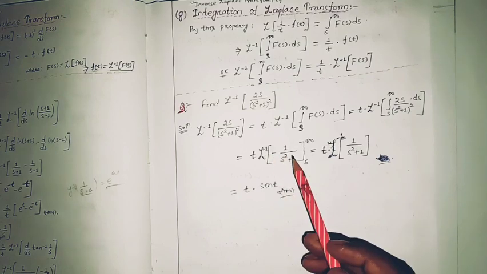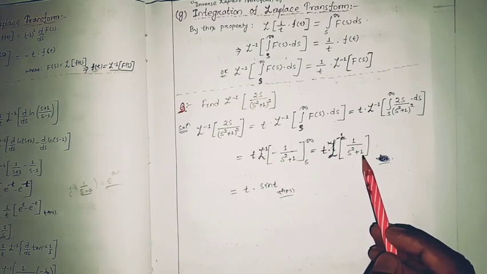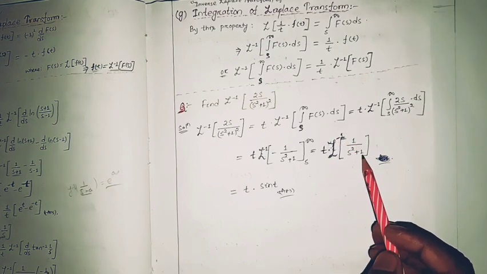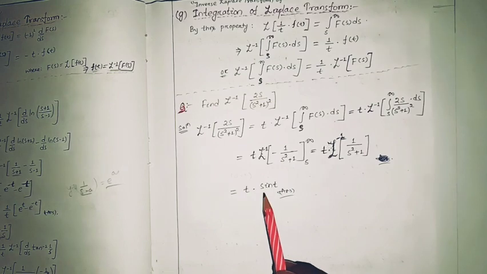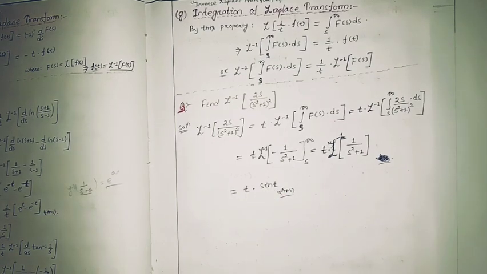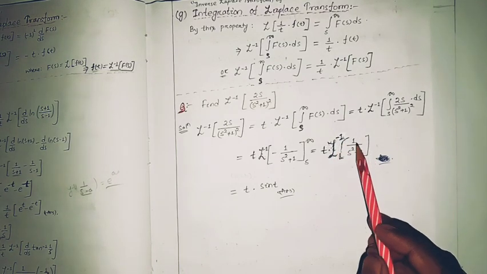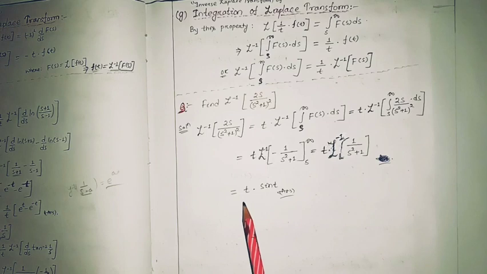So minus already is there, so it will be plus 1 by s square plus 1. So the inverse Laplace transform of 1 by s square plus 1, we know that it is sin t. So the answer will be t sin t.